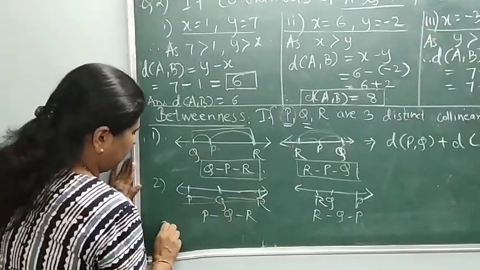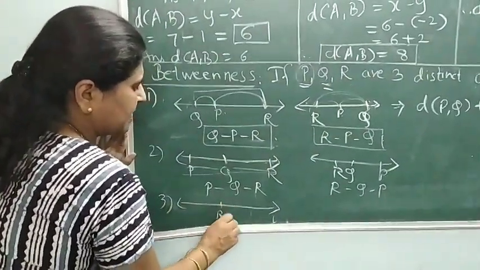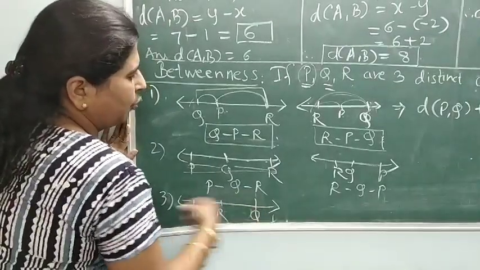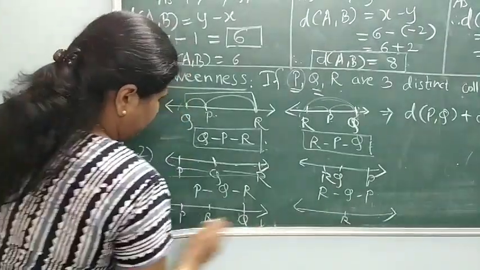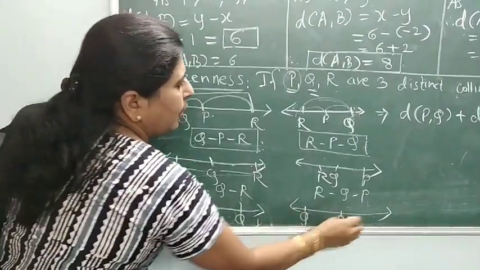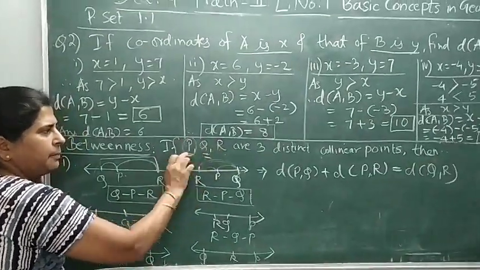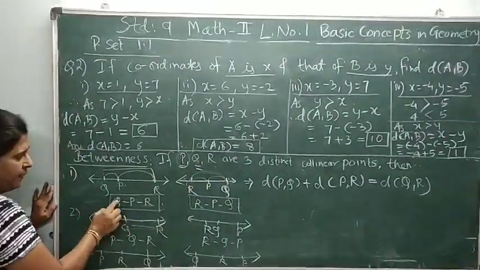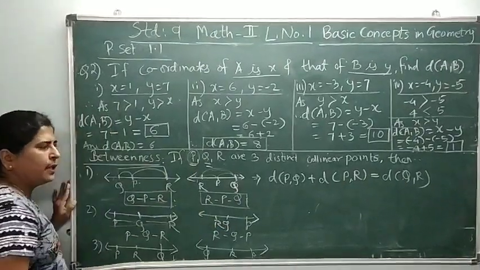Or the third case may be that the last point R can be somewhere in between the remaining two, P and Q. If it is P and Q, it can be Q and P. So any one point can be between the other two, and whatever the situation, we can show it by this betweenness.